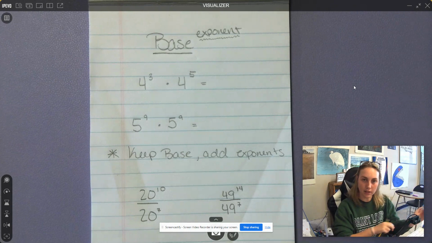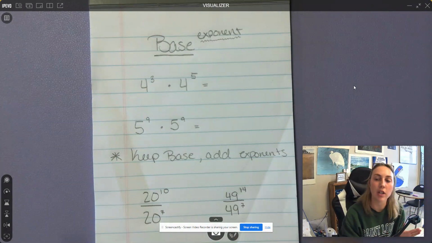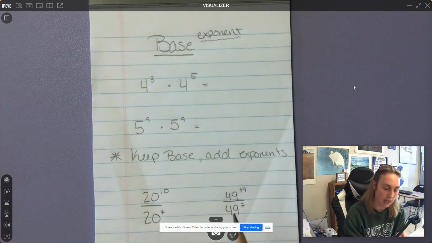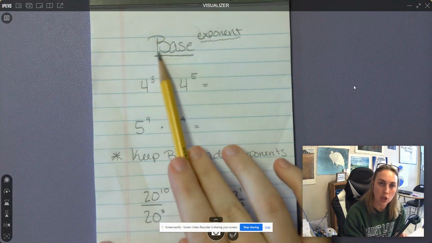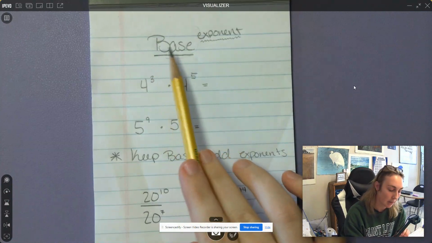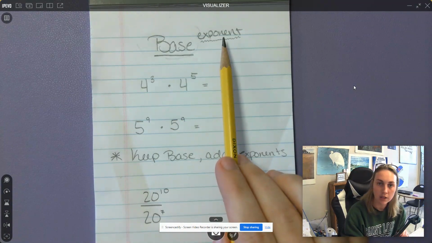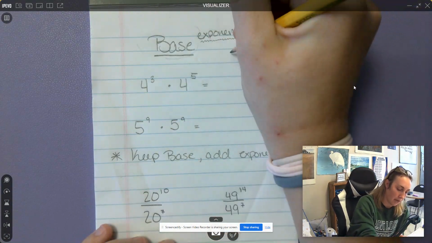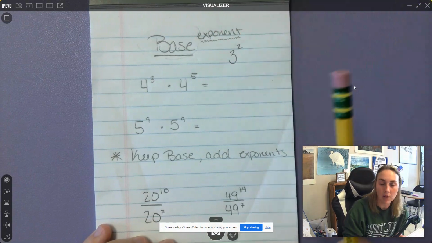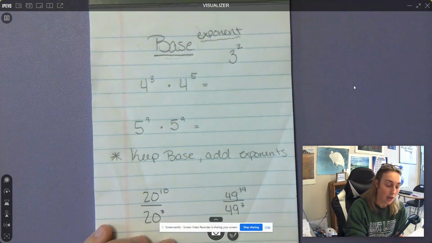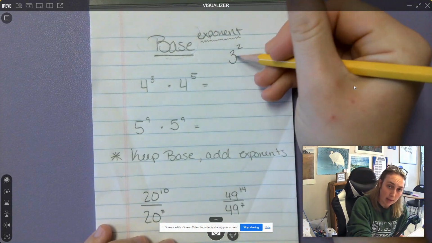So, guys, here's the deal. When we have a term that has a base and an exponent, the base is going to be your big number. The exponent is going to be the little number in the top right-hand corner. So when you have an exponent, like let's say 3 to the second power, first off, this is not 3 times 2.